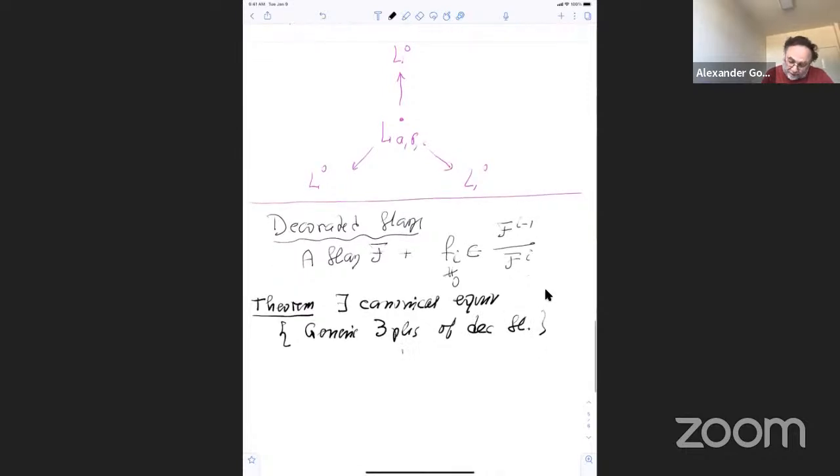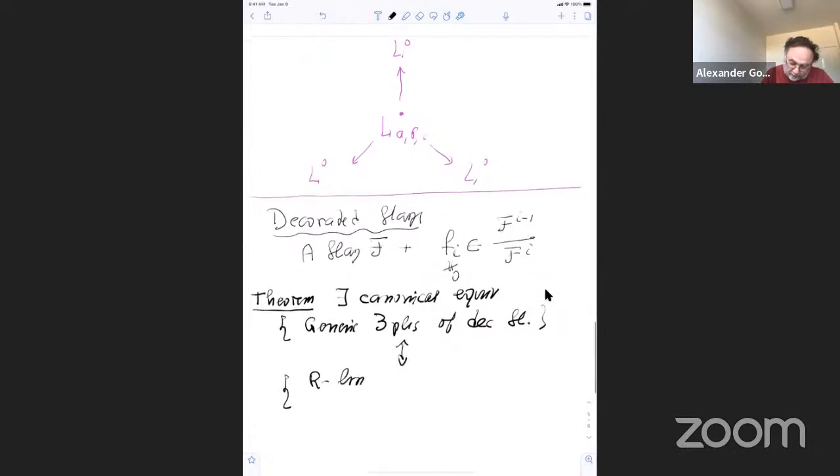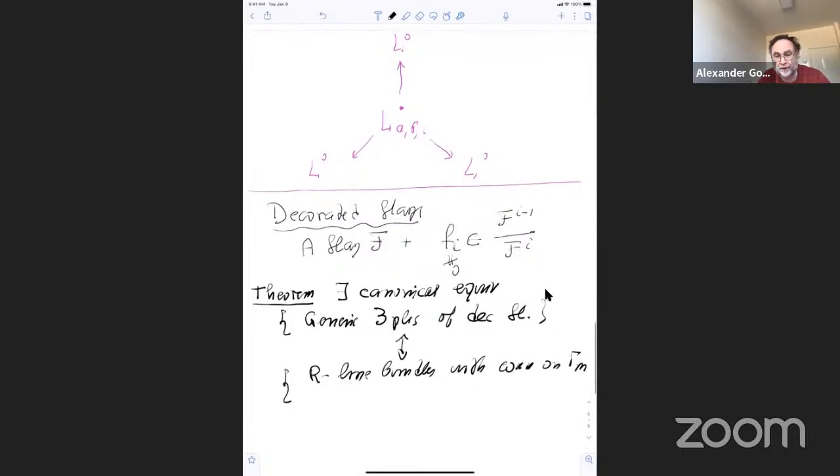And on the other hand, we have almost the same, but not exactly the same. We have R line bundles with connection on the same graph gamma_m. That's exactly what we had before, and that's not surprising because 3 decorated flags give 3 flags. But where are the decorations?